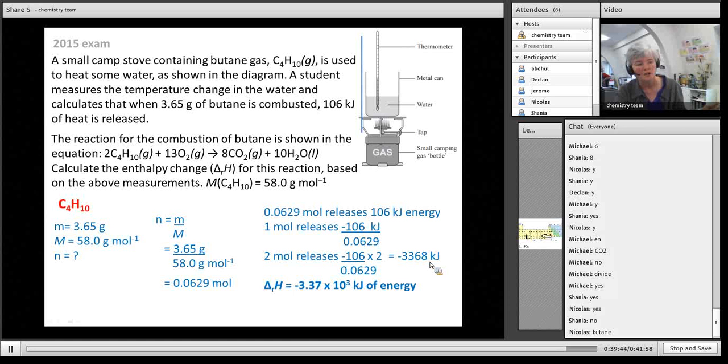You could have rounded that off to 3370 to get 3 significant figures. But then you can start arguing, was it exactly 70 or was it around there? So using scientific notation spells out very clearly how many significant figures you've got.